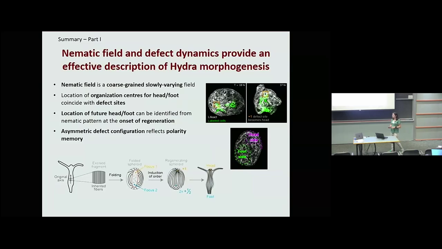We've also seen that the location of the head and the foot can be identified from the nematic pattern from the very onset of regeneration as foci of the actin fiber organization, even before the point defects have formed. And the asymmetry in the defect configuration reflects a memory of polarity.